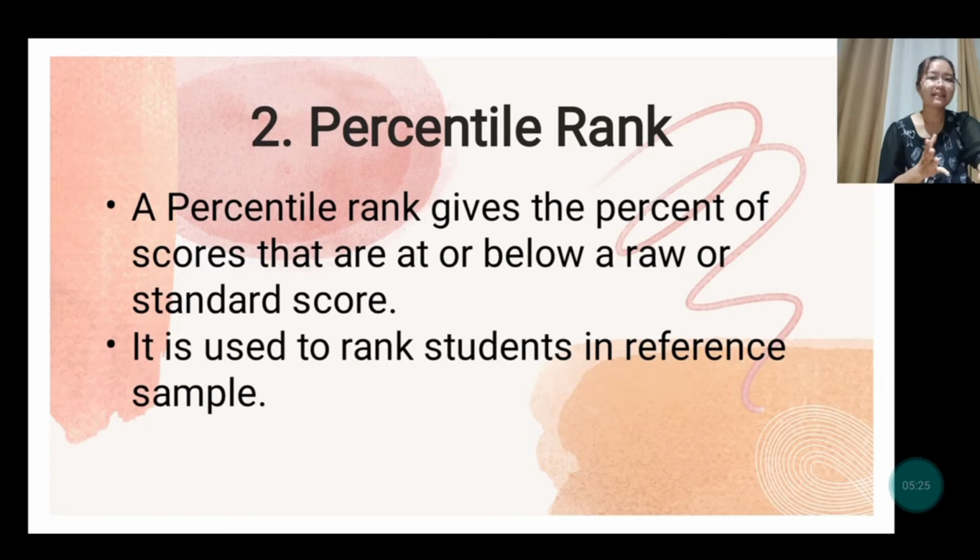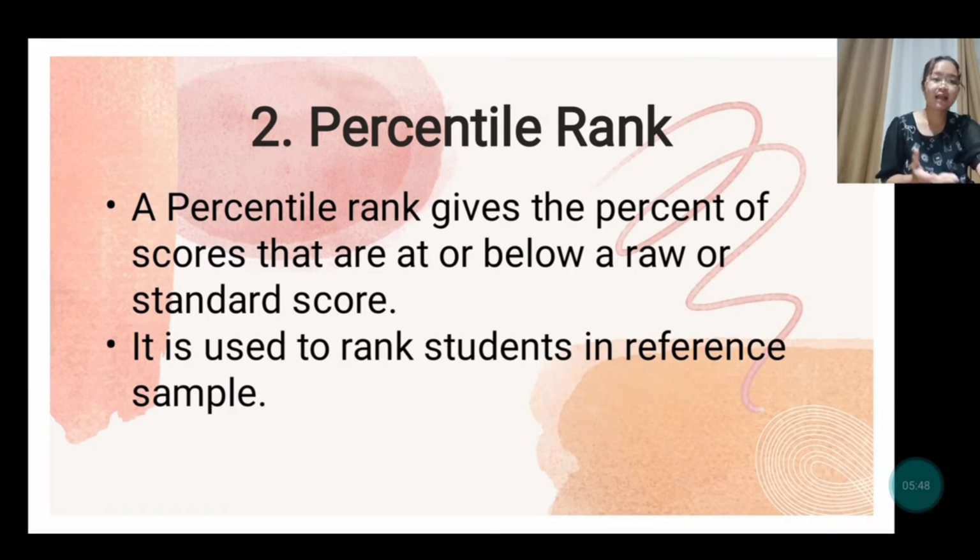Note that percentage score and percentile rank are different from each other. In percentile rank, we can determine the rank of the student based on his or her score and compare the rank to other students who also took the test.